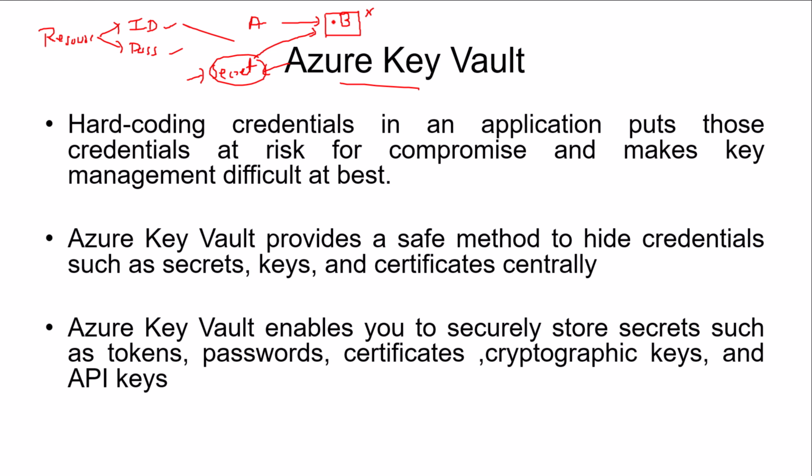So even without changing the actual ID and password, you are able to share the resources with user B, and if you want to revoke the access, you can do the same. That's why this particular service is very useful.